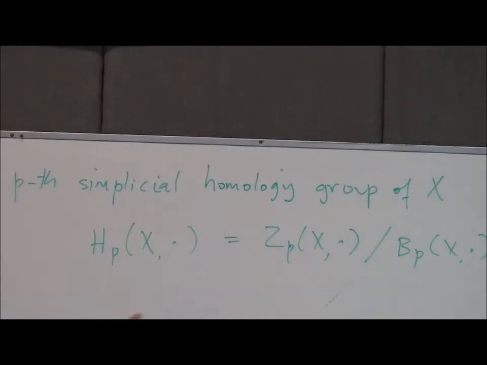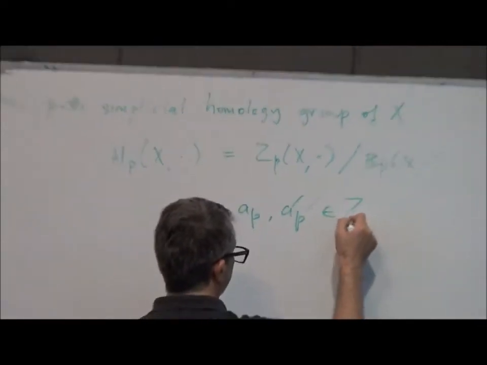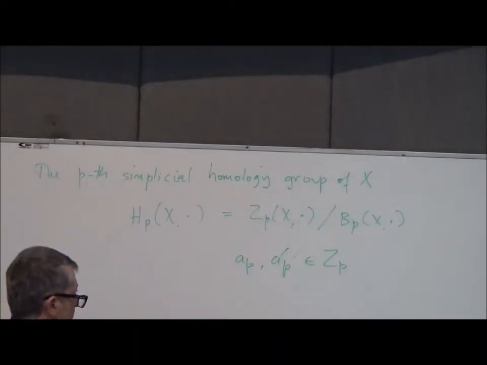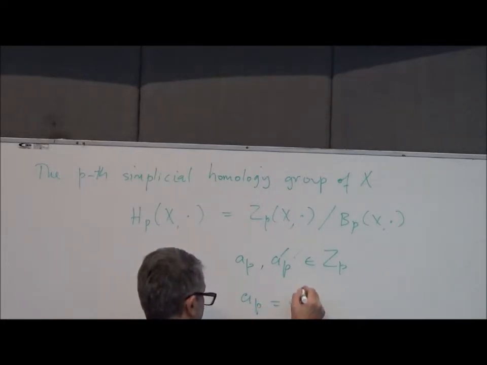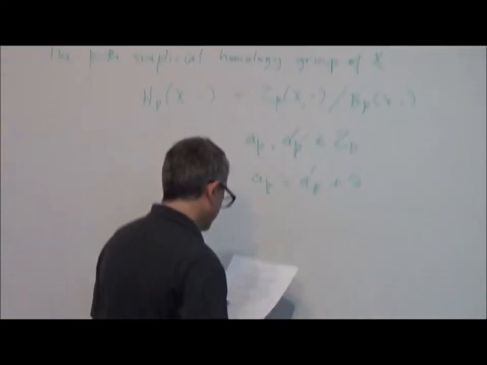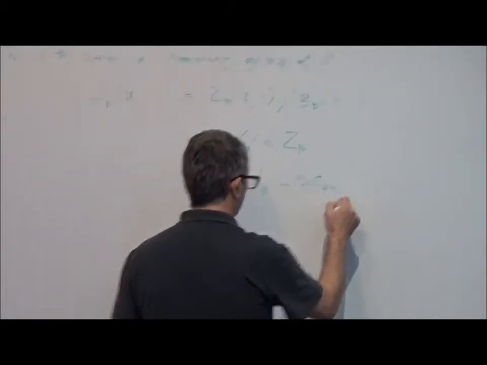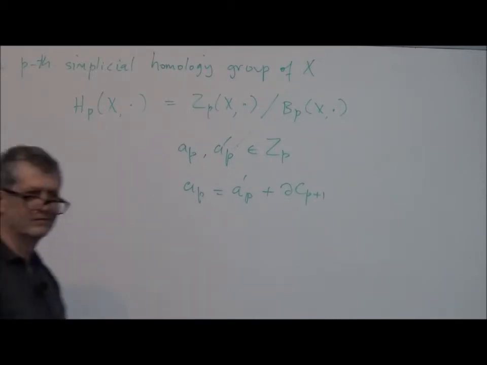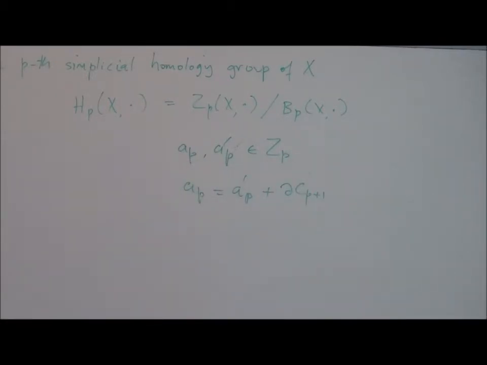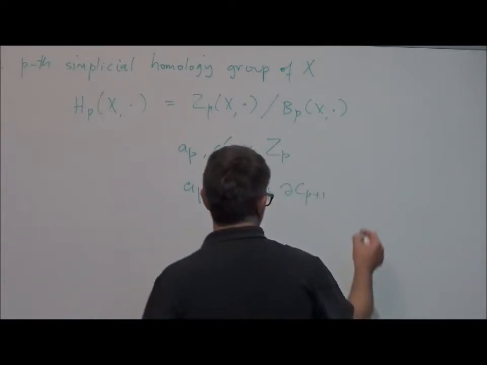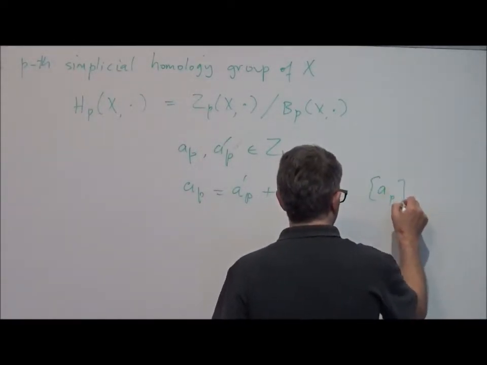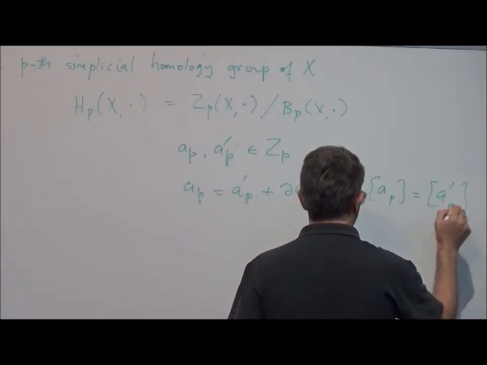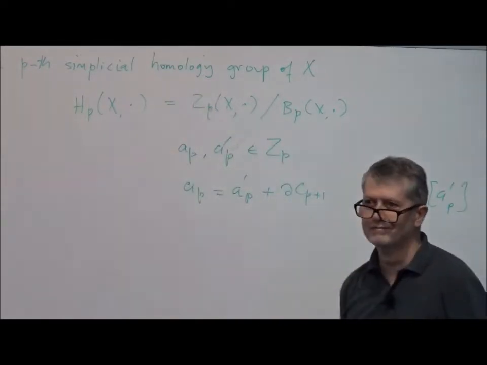But if I have two of them, A_P and A'_P, both in Z_P, and A_P is the same as A'_P plus the boundary of something higher, then as far as we're concerned in the quotient, they are the same thing. So that's the equivalence relation that we're actually using. At this point, A_P is the same as A'_P, and only one of these lives in there.